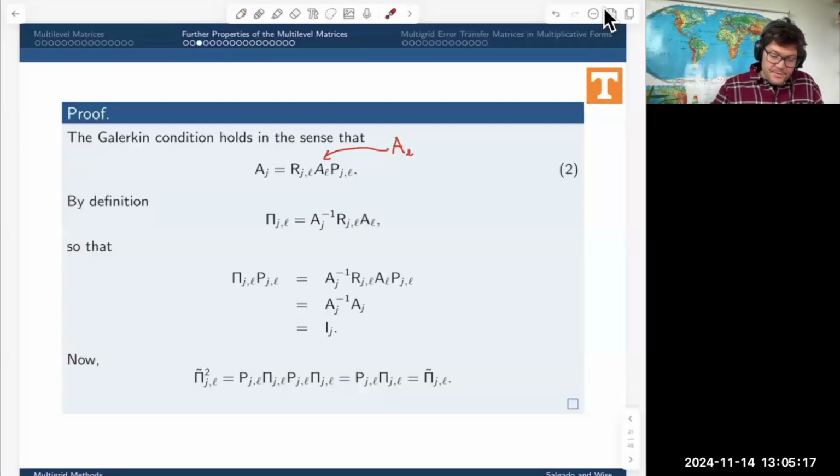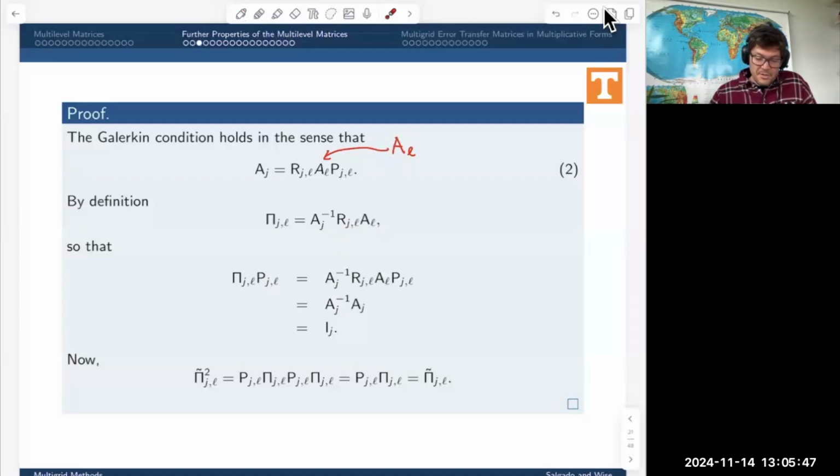In any case, the Galerkin condition holds: AJ equals RJL AL PJL. In other words, the Galerkin condition holds. By definition, this pi JL matrix, which is a non-square matrix, is equal to AJ inverse RJL, the restriction matrix, times AL.